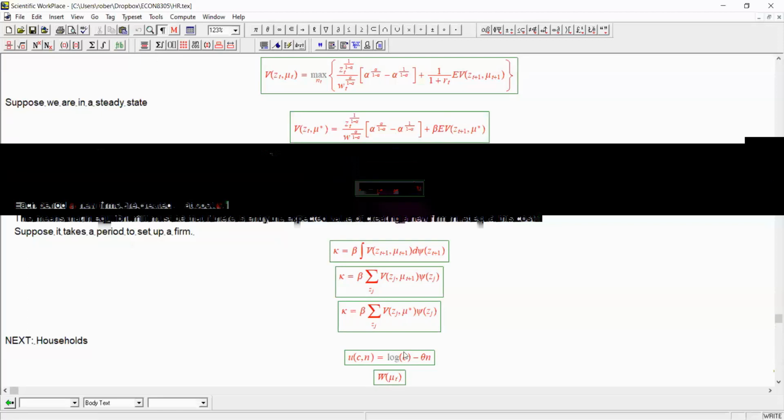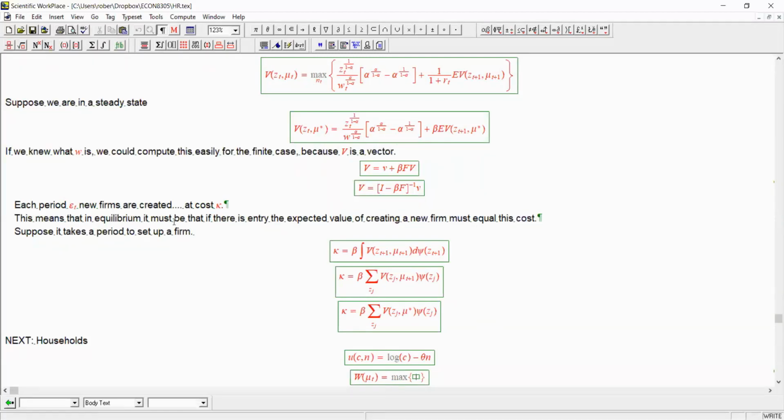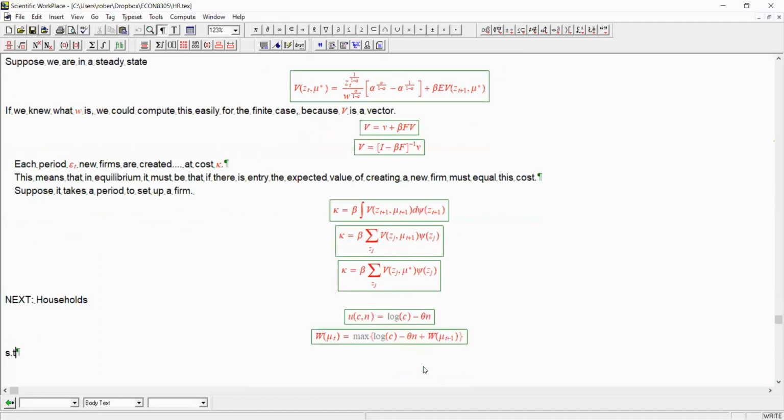It's going to be a function of mu, and it will be the max of this plus W tomorrow, subject to, well, what are the possible things that this household could spend money on?